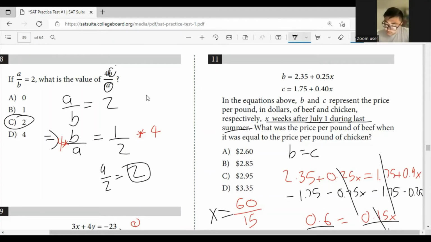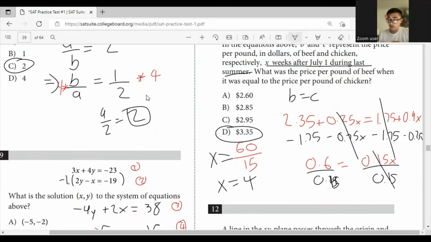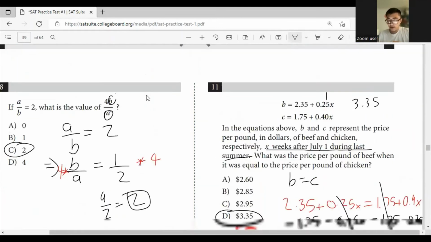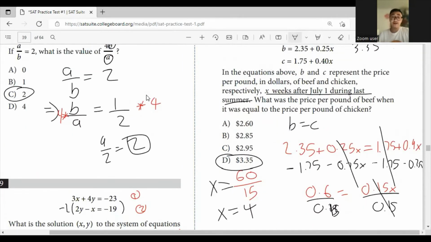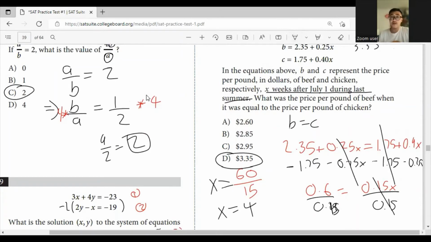So I plug in 4. And then 0.25 times 4 is 1. And 2.35 plus 1 is 3.35. The answer is D. Cool. Feel free to pause during that video if I went too fast. And let's move on to the next question.